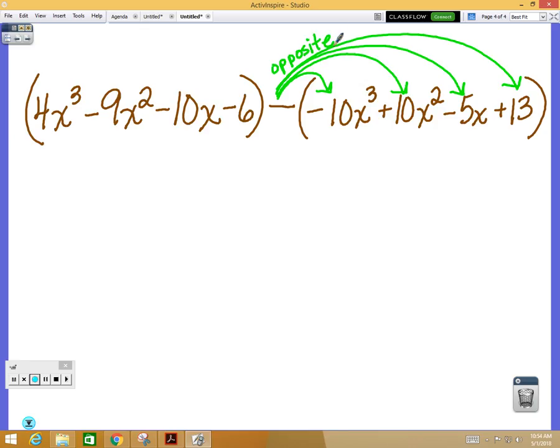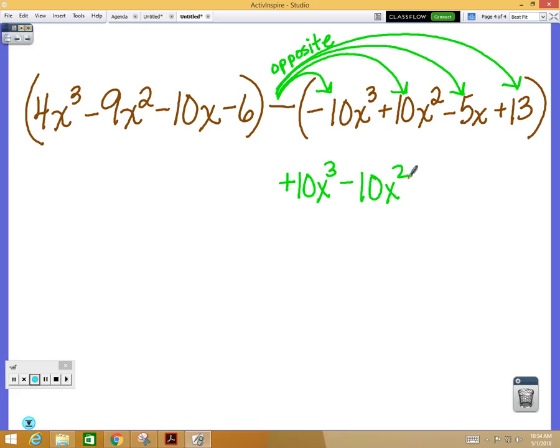Okay? So we're going to take the opposite of each one of the terms inside of that second set of parentheses. So the opposite just means what? What do I mean by opposite? The sign. If it's positive, it's going to turn negative. If it's negative, it's going to turn positive. So a negative 10x cubed is going to turn into a positive 10x cubed. A positive 10x squared is going to turn into a negative 10x squared.